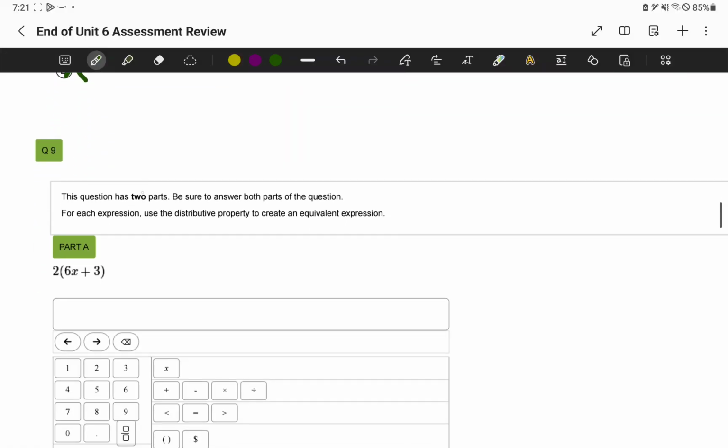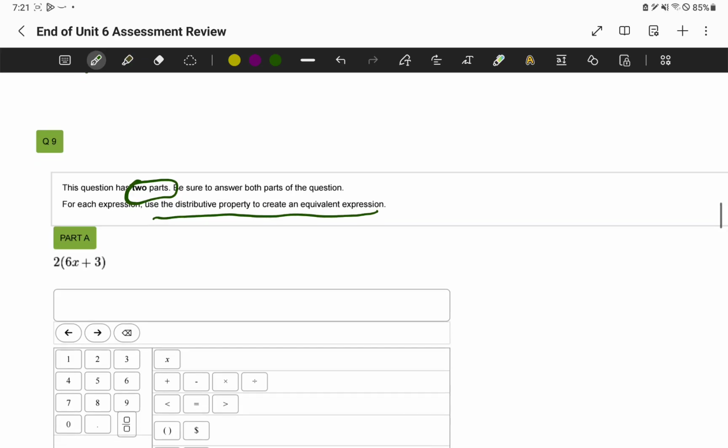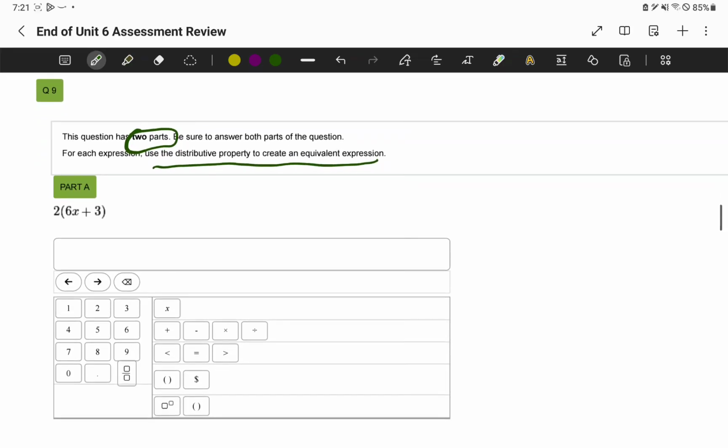Okay, 2 parts, so be sure to answer each part. Use the distributive property to write an equivalent expression. Okay, so distributive property, take what's outside and multiply it by what's inside. So 2 times 6x.